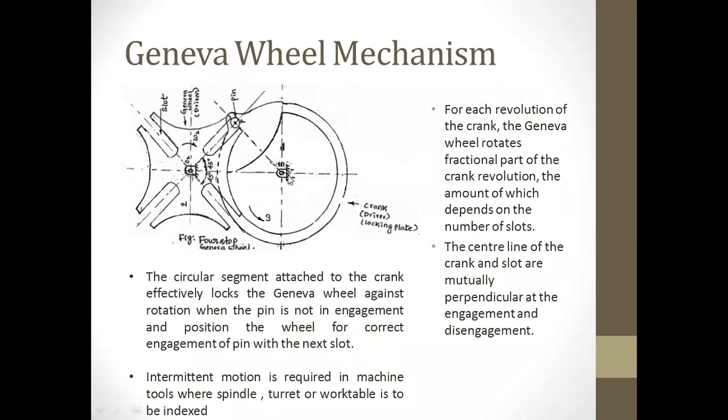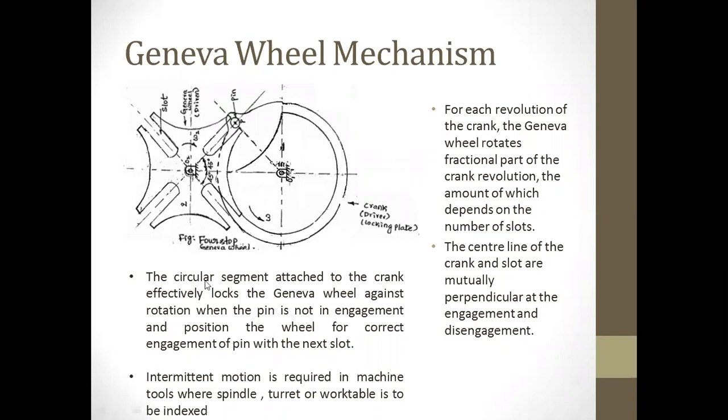If you see here, the center line of this horizontal and this will be mutually perpendicular, because here it is exactly 45 degrees. This keeps varying, but initially at engagement it will be perpendicular.